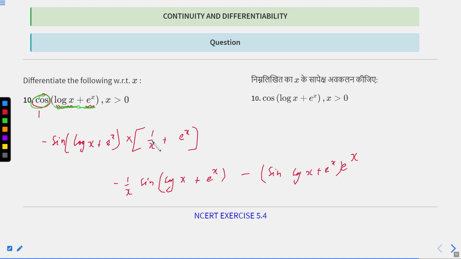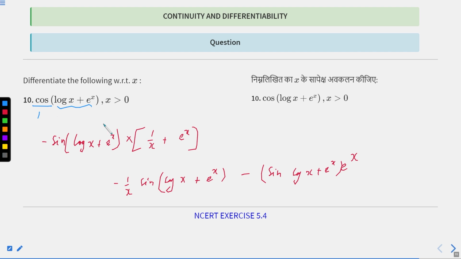So I hope it is now very easy how we got our answer. Once again, let me just go through it. We find the derivative of this, so it will be minus sine of whatever is inside.